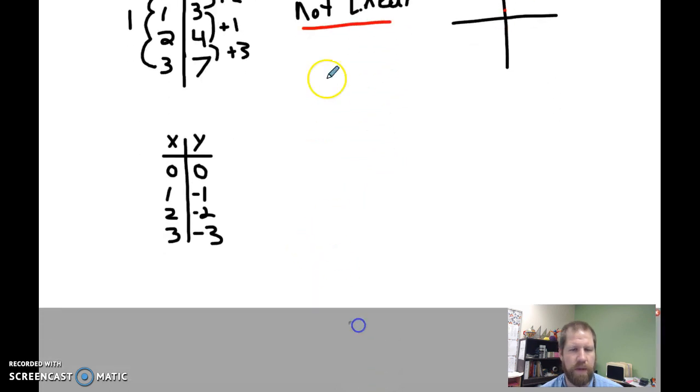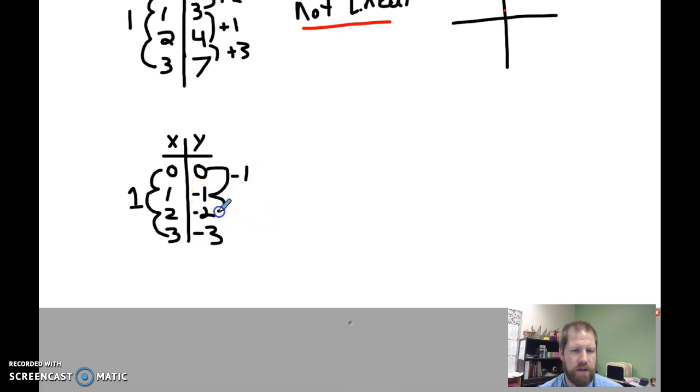Okay, one more. And this one, we can see, again, x increases by 1 for each. Okay, so that makes our job easy. But now y is at 0, and it goes down to -1, so it actually decreases by 1.